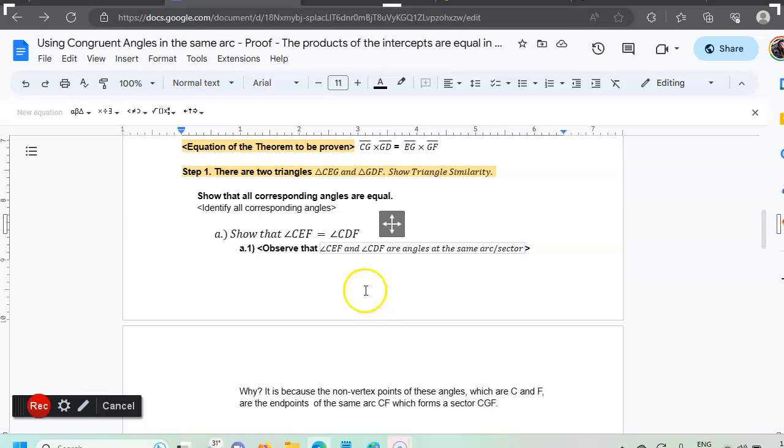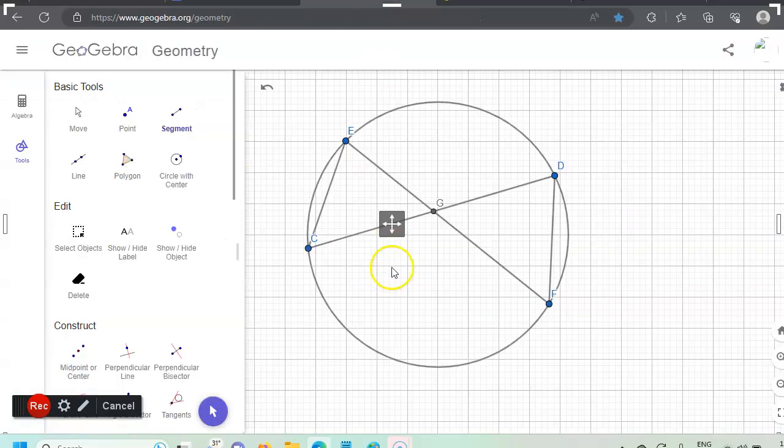Take note and observe that the non-vertex points of angle E and angle D are C and F. So angle E and angle D have a common set of non-vertex points C and F. And these non-vertex points of angle E and angle D are the endpoints of the arc CF.